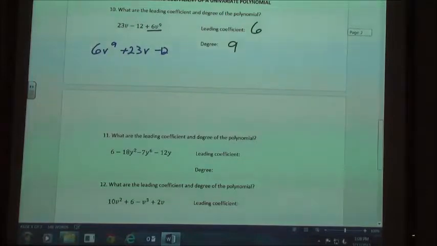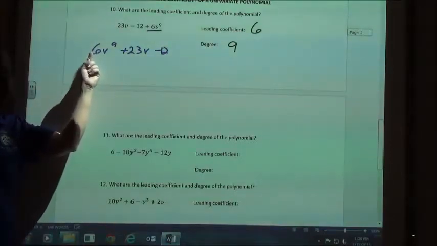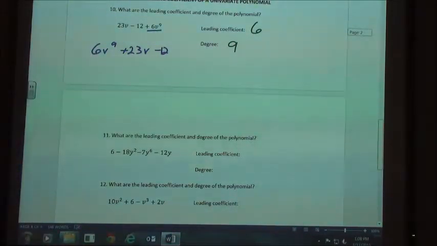Okay, I need to write that down. Coefficient is what now? The coefficient is the number in front of your variable, so the leading coefficient is the very first number that you have in your expression.